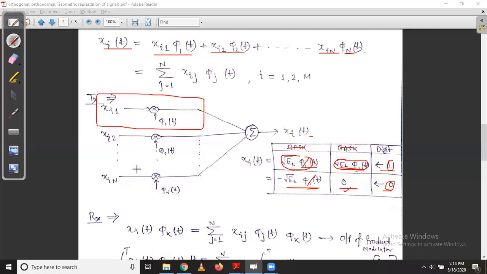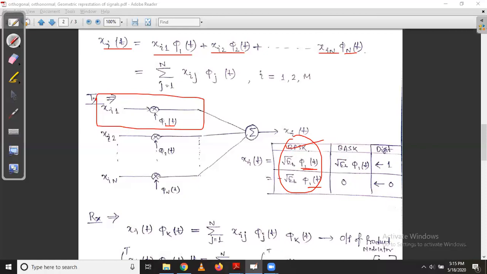So this diagram is used for all kinds of digital modulation techniques. I have taken two examples here, BPSK and BASK. Suppose I am explaining one digital modulation technique for this, then we can see that one basis function is there, phi 1 and phi 1 only, multiplied by xi1. xi1 is nothing but root of EB or minus root of EB for digit 1 and 0 respectively in the case of BPSK.